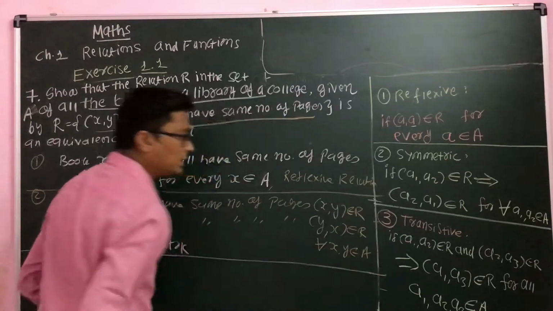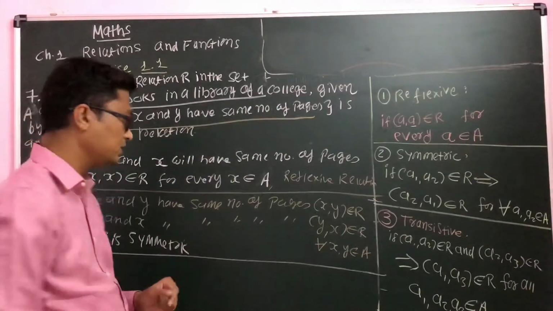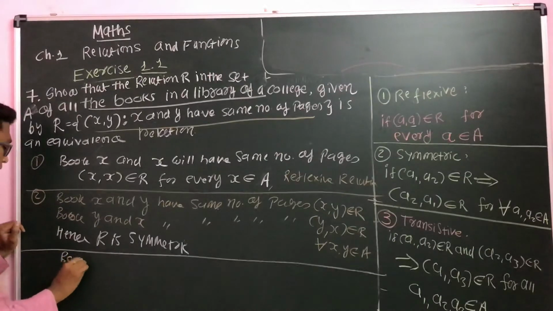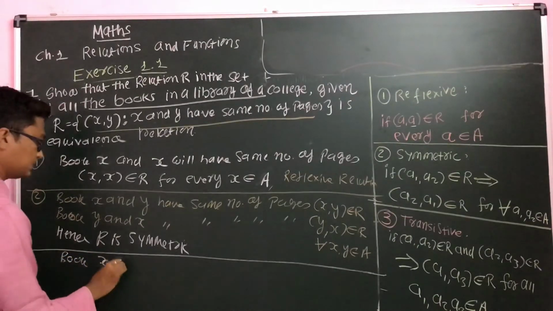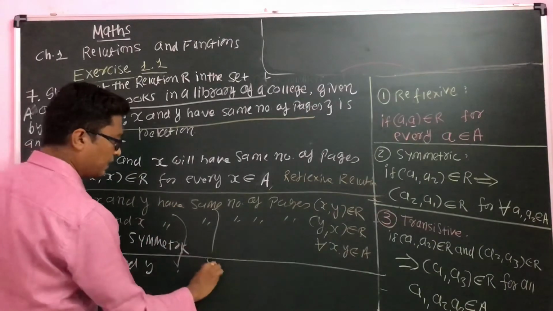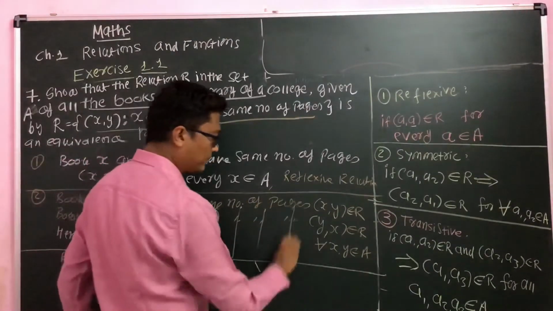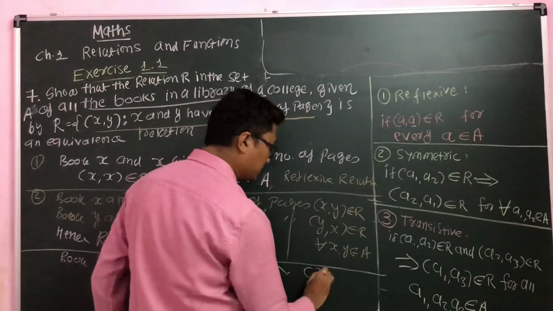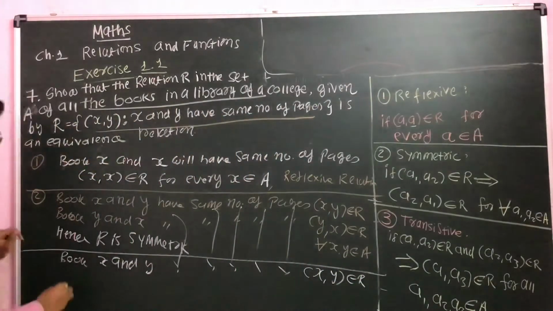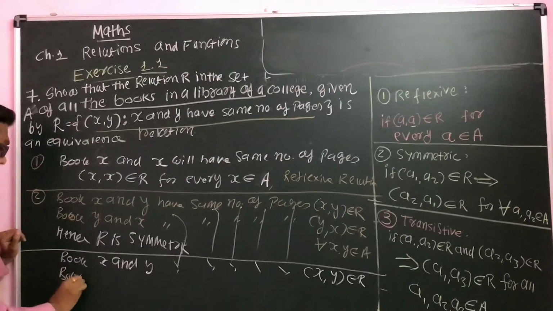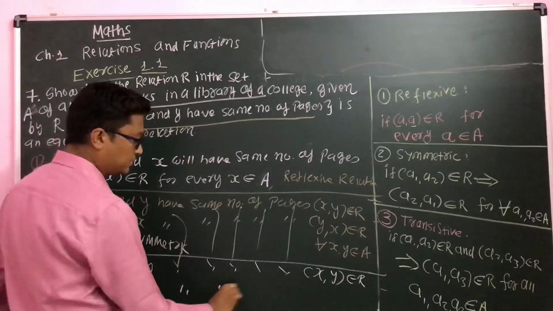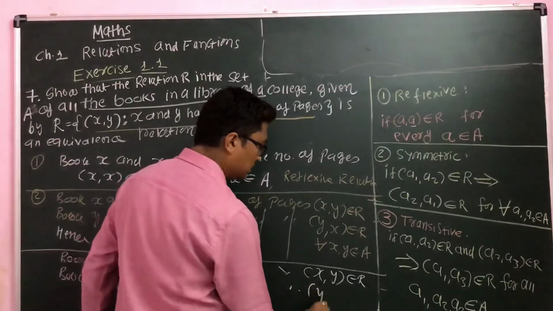और थर्ड के लिए देखते हैं अभी, राइट? सो फॉर थर्ड यू हैव टू कंसीडर 3 बुक्स. So let us consider that we have books X and Y which will have the same number of pages. So that is (X, Y) belongs to R. फिर लिखेंगे there are books Y and Z which will have the same number of pages.